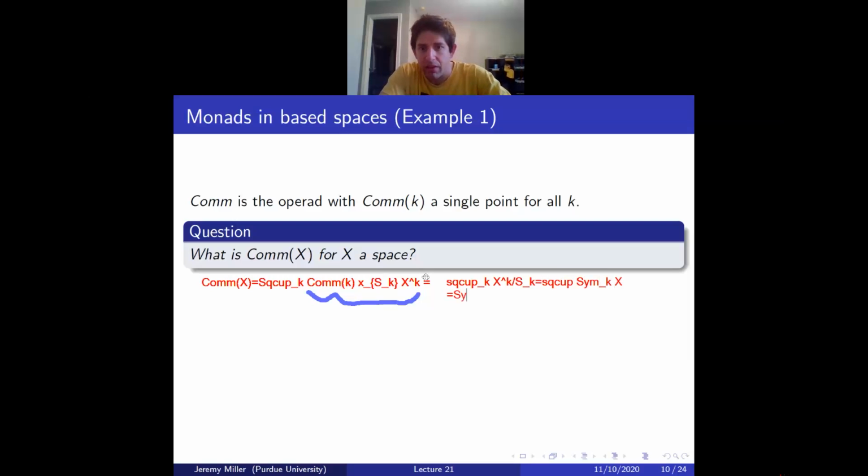And so the whole thing is Sym X, which sometimes we called N of X. Any questions? I'm happy to repeat an explanation for any of these equal signs.